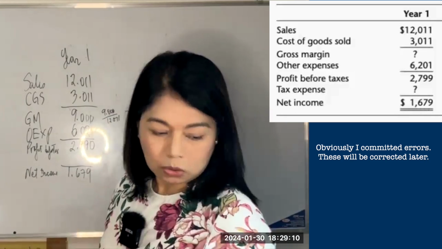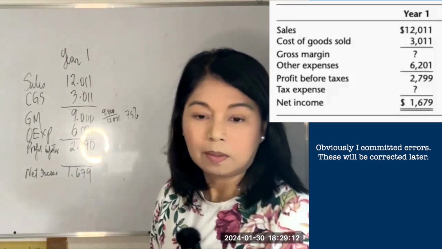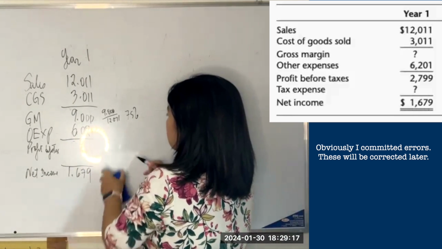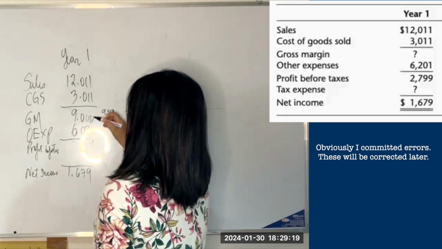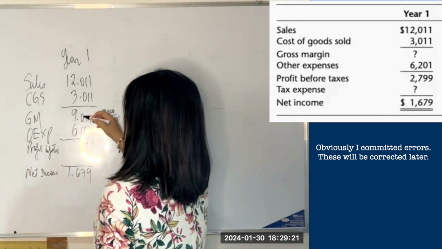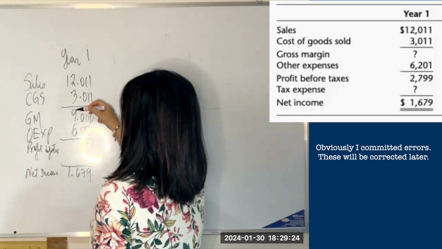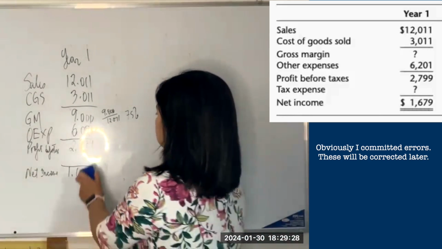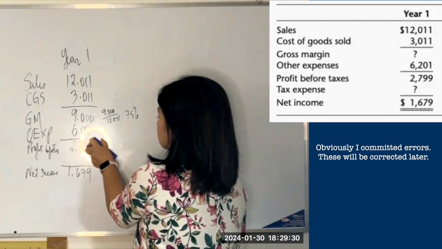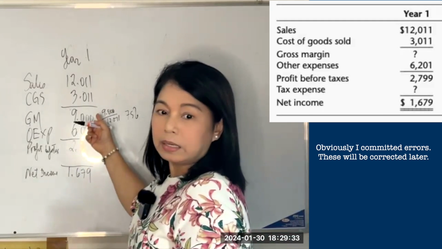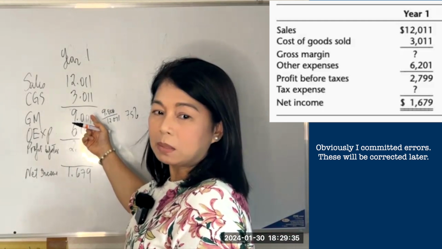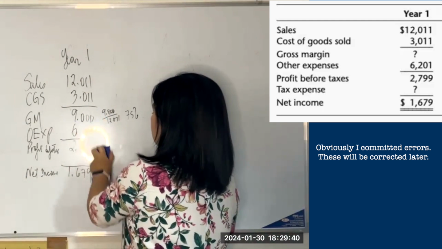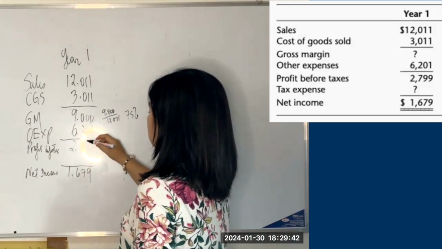Mali nga. Okay, so this is 9 minus 2, 7, 9, 8. Mali pa rin. Saan ba ako nagkamali? Here is, tama naman, gross margin is 9,000 minus 6,201. What a difference, no?